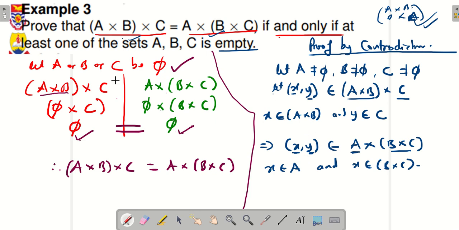We saw that X belongs to A cross B here, and then here we are seeing that X belongs to A. The statements X belongs to A cross B and X belongs to A are contradictory, because A cross B is a different set, and that same X belonging to A makes the statement contradictory.